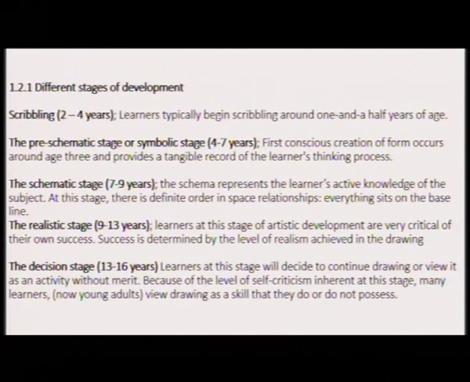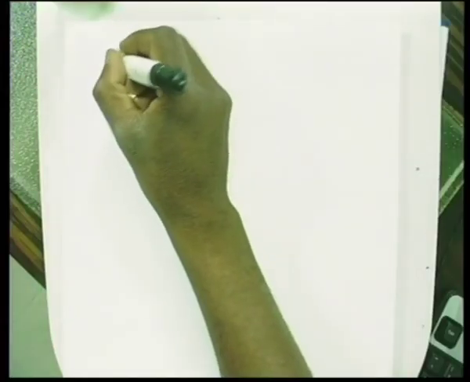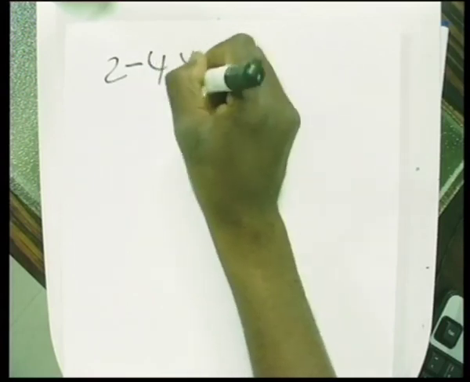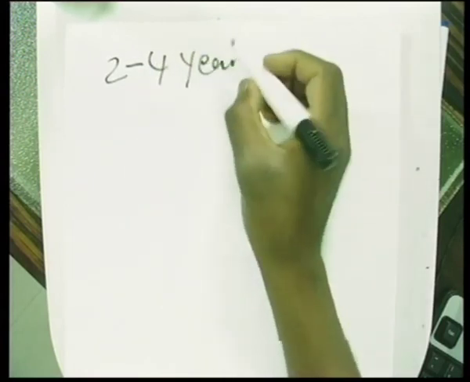If I have to illustrate a little bit on these stages, I think that will help understanding. We'll start with stage 1, which is between 2 and 4 years.